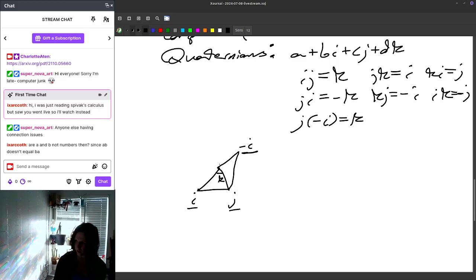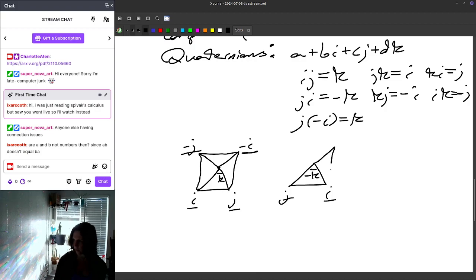And then minus i times minus j, for similar reasons, would be positive k, and then minus j times i, again for similar reasons, would be positive k, and so we get kind of this square sheet. And if we go over and do the opposite ordering, where instead we do j times i, then we'll get minus k as the result.